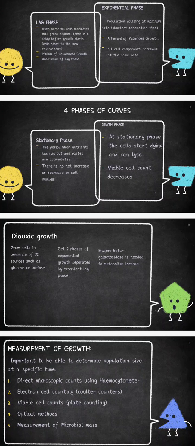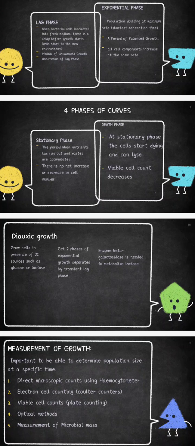So, when glucose is used up, the catabolite repression ends and beta-galactosidase is synthesized. After the synthesis of your beta-galactosidase, lactose will be used as a source for the microbes to grow cells.